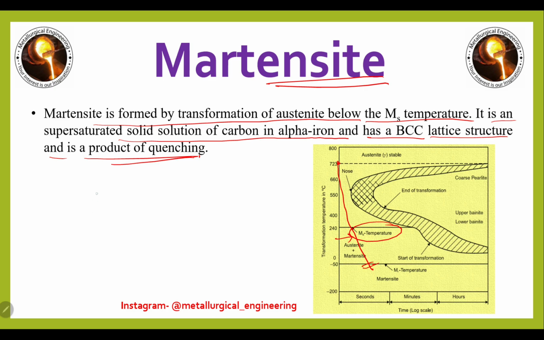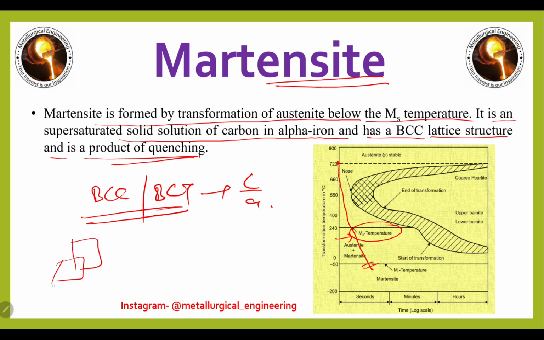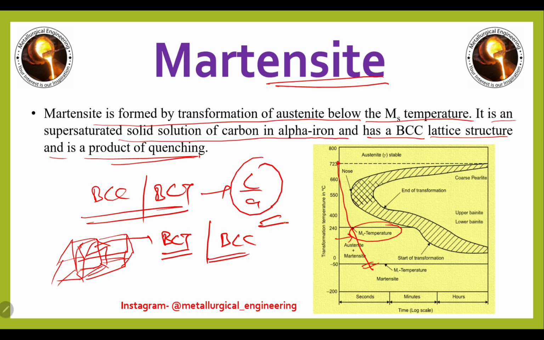And in this one, the BCC or BCT lattice structure will depend on the c by a ratio, like two interpenetrating FCC lattices give the martensitic structure like this one. So sometimes it would be BCT or sometimes it would be BCC, that will depend on the c by a ratio.